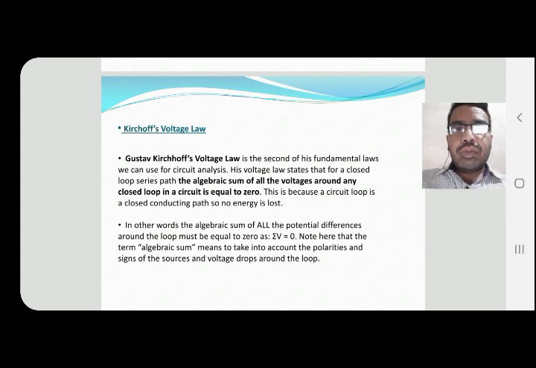Around the loop it must be equal to 0, as summation V is equal to 0. Note here that the term algebraic sum means to take into account the polarities and signs of the sources and voltage drops around the loop.